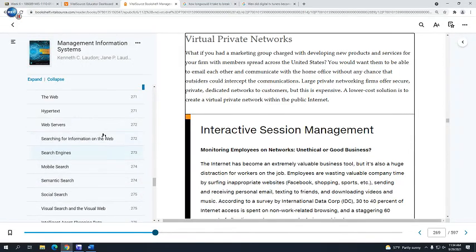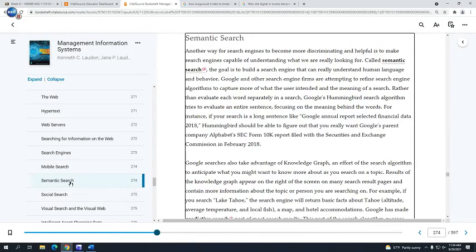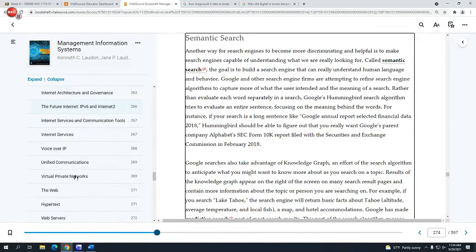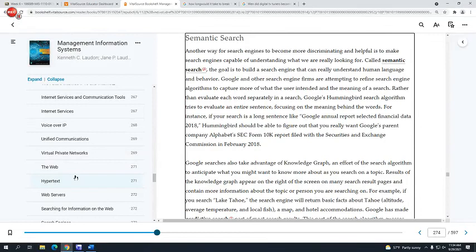I like how they get into different searches and stuff. Another way for search engines to become more discriminating and helpful is to make search engines capable of understanding what we are looking for, called semantic searches. Networking has created this ability to recognize how we're communicating.